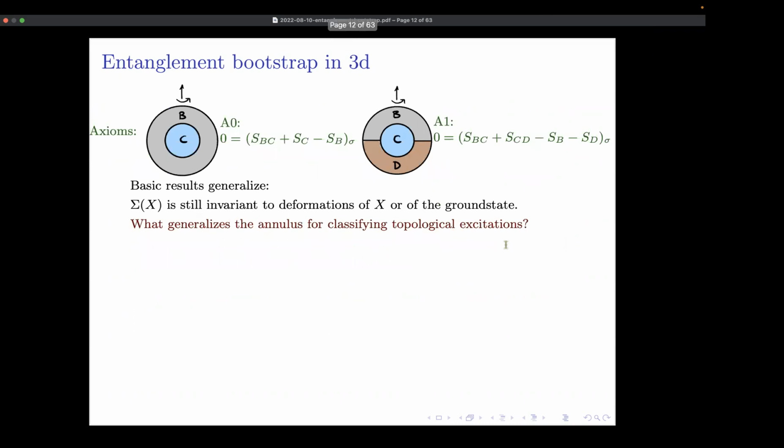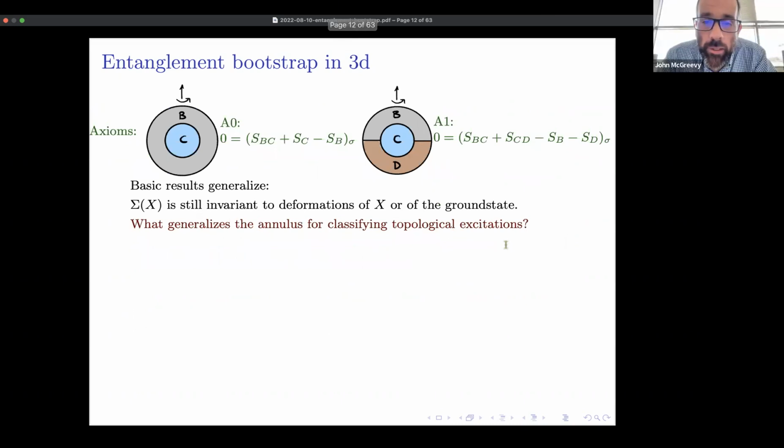Okay. So these axioms, I just described what happens in 2 dimensions, but in fact, a very similar story obtains in any dimension. In 3 dimensions, a set of axioms which produces the same machine is just to consider, again, BC and BCD to be balls, and B is just the thickened boundary of this ball here, and here B and D are the thickened boundary of the ball just cut in half.